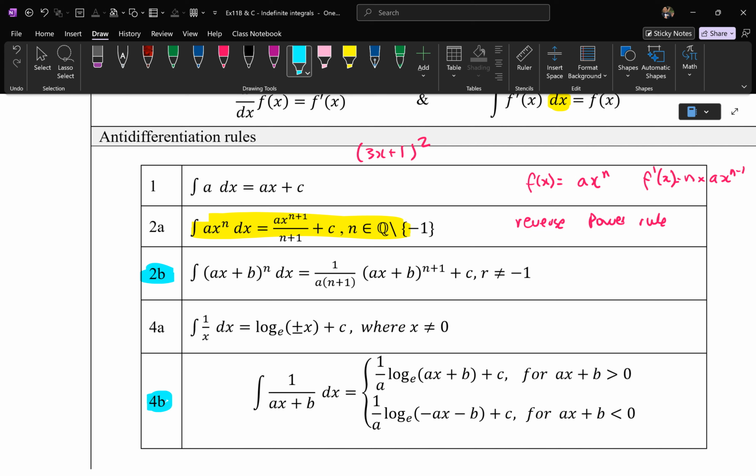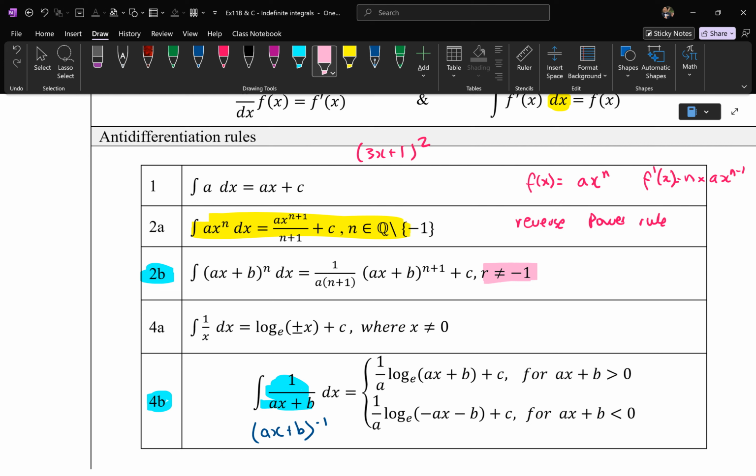The difference is, if I rewrote this one, this is actually the same thing as writing ax plus b to the power of negative 1. This is why there's a condition here, and it says if r, which actually should have been n, usually in your textbooks it's r, but that power, if the power is negative 1, it is a log. But if it's not negative 1, so like negative 2, negative 3, then that's essentially your power rule.